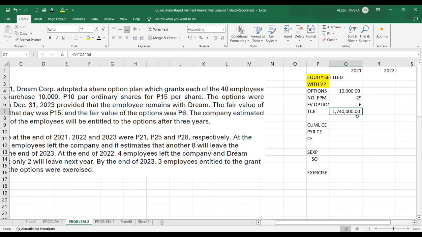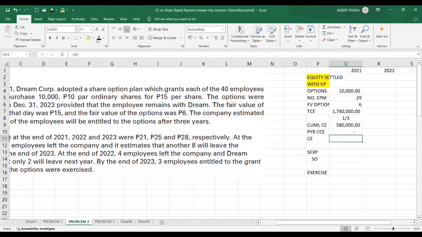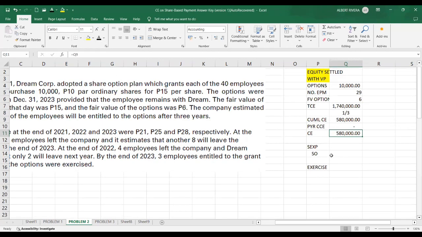Times the cumulative number of periods performed. Since this is just 2021, this is times 1 over the service period of 3 years. So the cumulative compensation expense would be 580,000 pesos minus the prior year's cumulative compensation expense. Since this is just the first year, the prior year's cumulative compensation expense is 0. And the compensation expense for 2021 is 580,000 pesos.